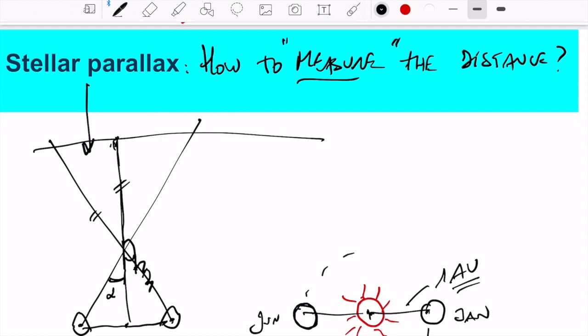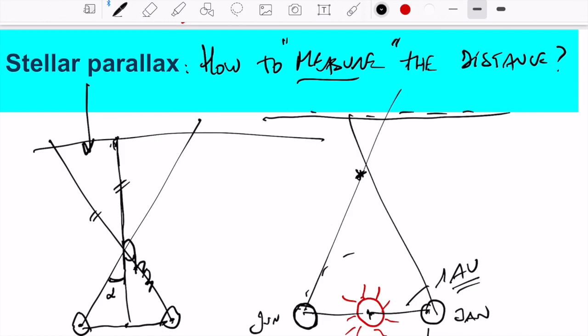And we're looking at a star that is relatively close compared to a background of stars that seems to be fixed. So by looking at these stars and measuring these angles at 2 different times of the year, we could use tangent of theta equals opposite, which is 1 astronomical unit, over the adjacent, which is the distance that you want to measure to the star.